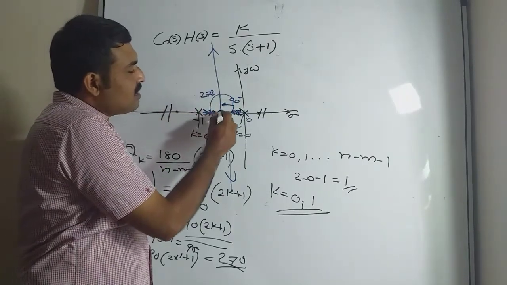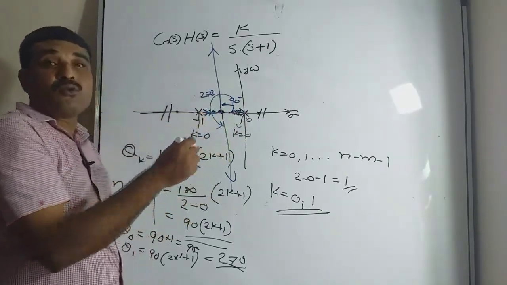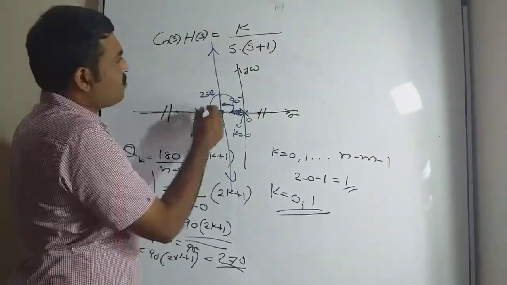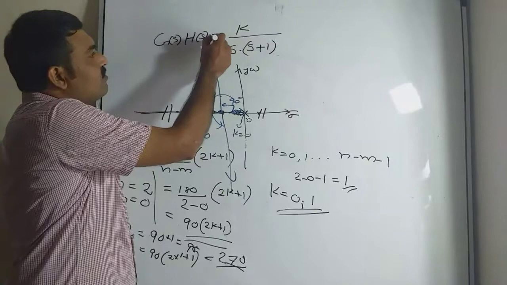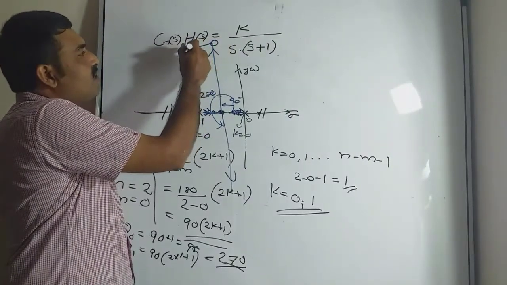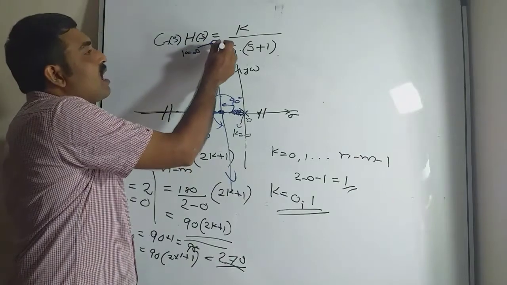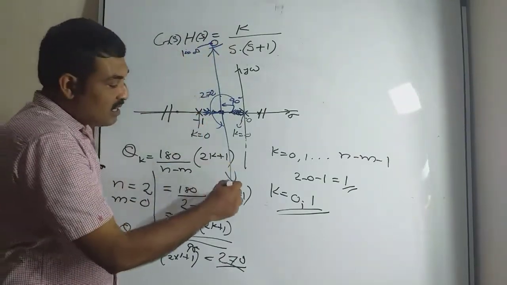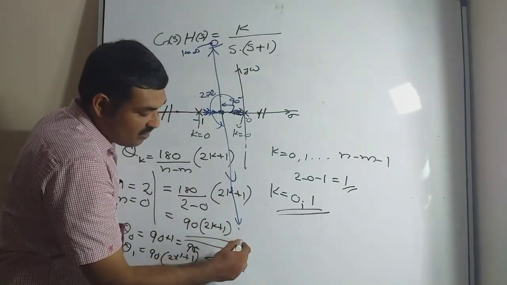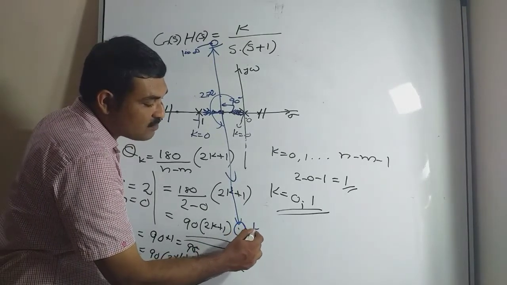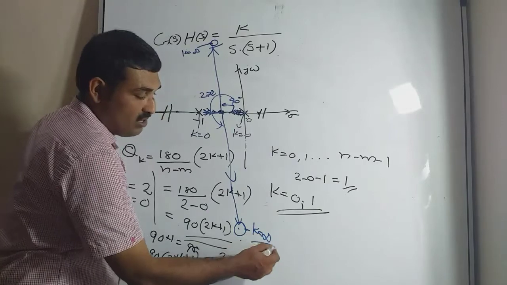So this is the exact shape of the root locus, and we can find this point, that is our centroid. We have a zero at infinity here, so this terminates with k is equal to infinity at a zero at infinity. This also goes to infinity, there is a zero at infinity, and the value of gain at this point is equal to infinity.